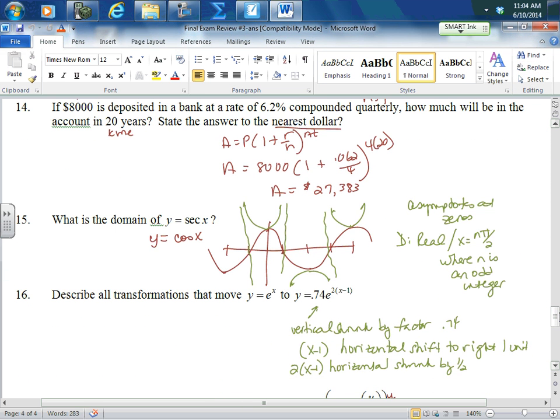Number 14, this was one of your interest ones. 8,000 is the positive, that's your principal. At a rate, make sure you move your decimal. Compounded quarterly for 20 years. T. You want to put it in your formula, and I'll give you that formula.